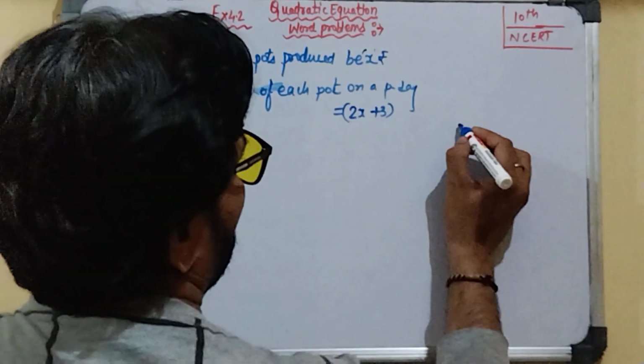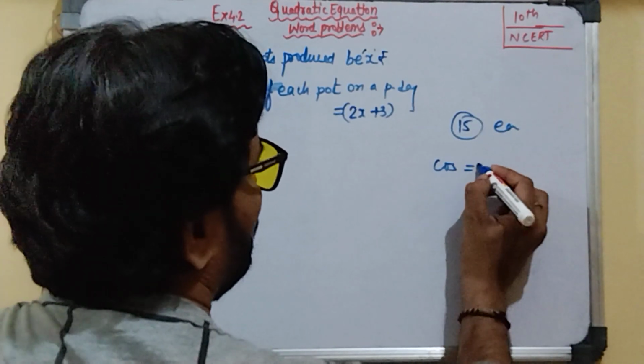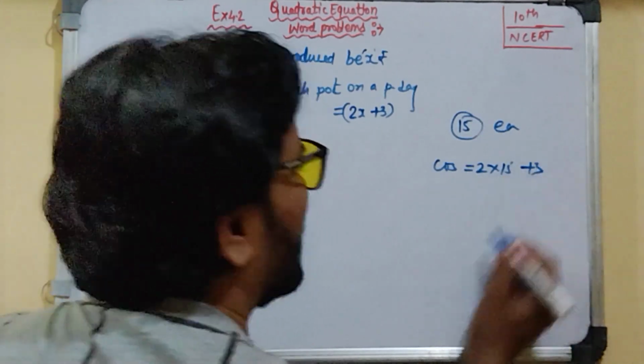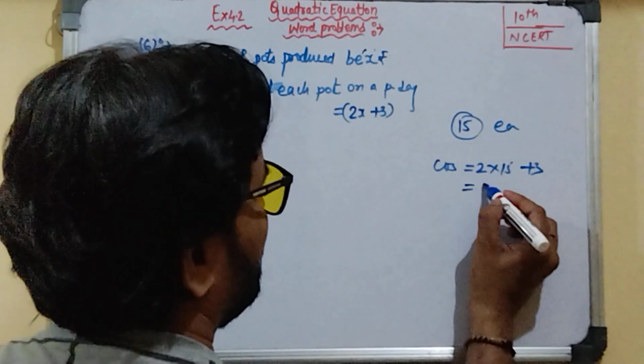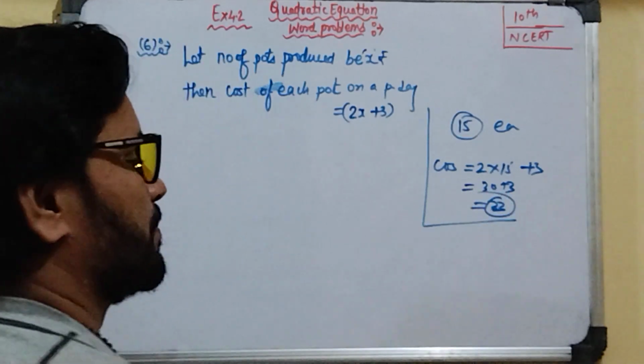Suppose 15 pots are produced each day, then the cost will be 2 into 15 plus 3. Understand? That means we get 30 plus 3, that is 33.